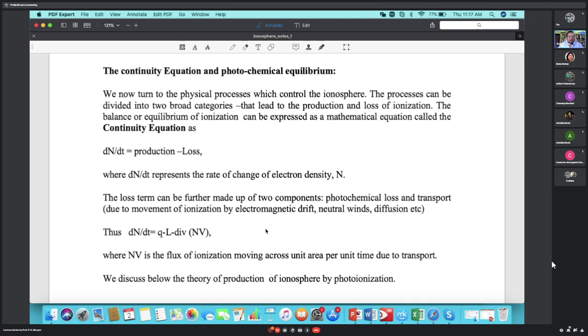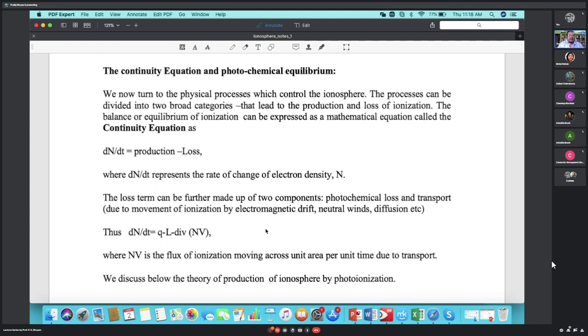Because of the solar ionizing radiations or the ionizing process, we dissociate neutral atoms and molecules into ions and electrons. These are very basic, okay? But when they recombine, that is a loss for those ions and electrons. If 10% is recombining, then only 90% will remain as plasma, meaning ions and electrons. So that is photochemical loss.